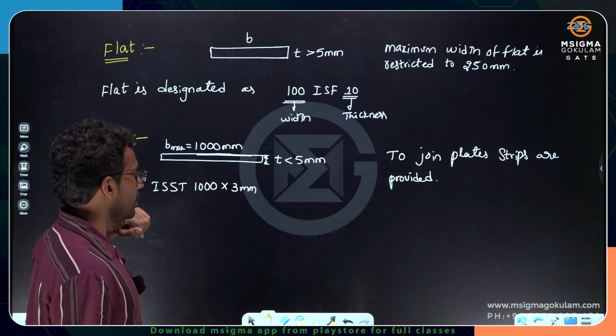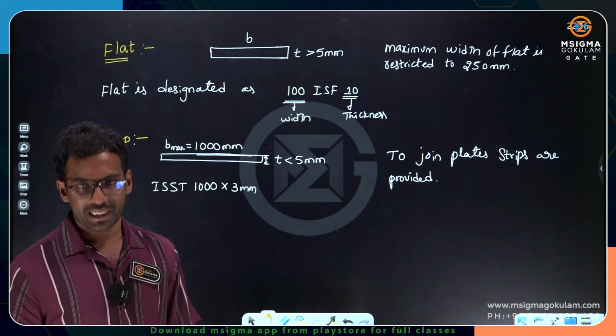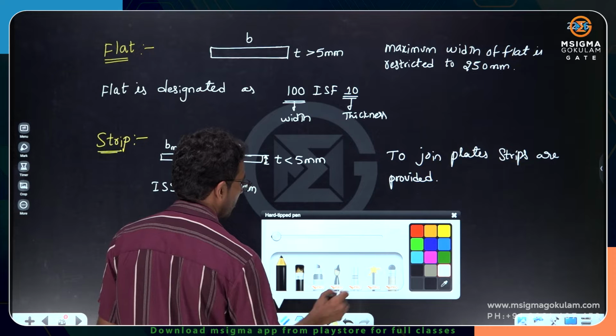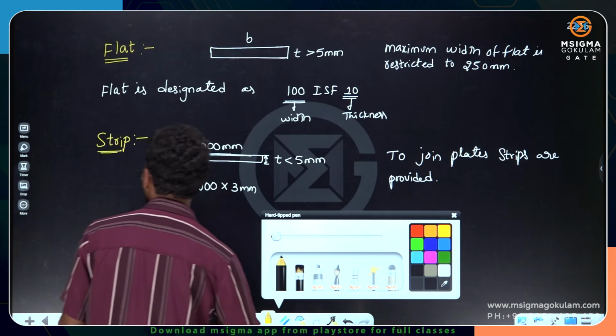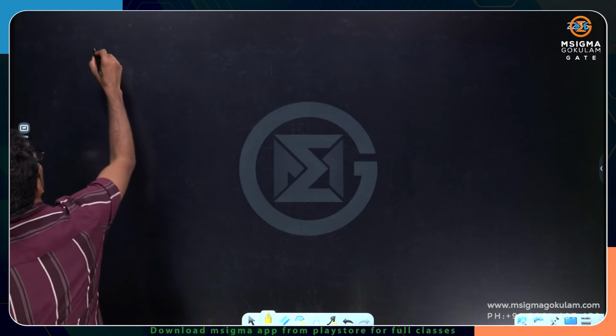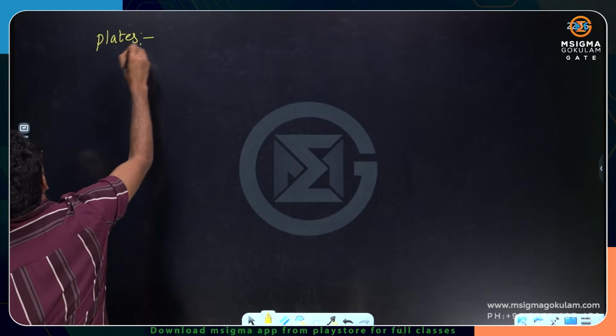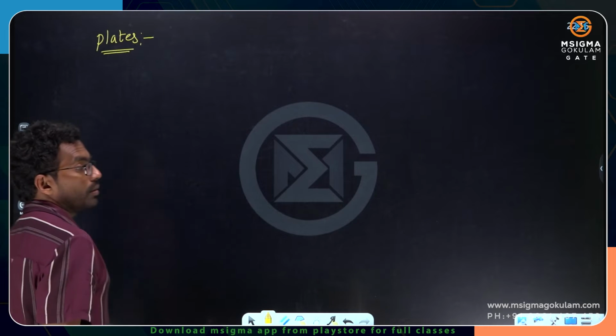Okay, next. We have something called plates. What are the plates and where are we going to use the plates? Let us look at that also. Plates are very important things. Generally, we use the plates as slabs.